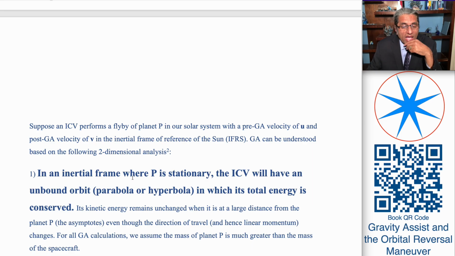And I couldn't really find any good source for understanding gravity assist, something which can be explained in like 3-4 pages.